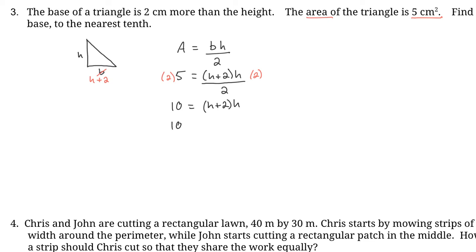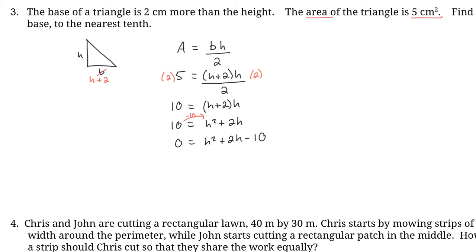So we're just going to get 10 is equal to h squared plus 2h. And we need to solve for h. So we need our quadratic equal to 0, which means we got to move that 10 over to the other side by subtracting 10. So we're just going to get 0 is equal to h squared plus 2h minus 10.